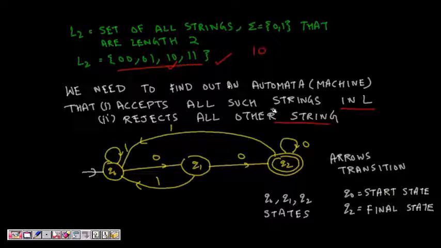For our language, all strings ending in 00 should be accepted and all other strings should be rejected. For example, 101 should be rejected, 11 should be rejected, 00 should be accepted, 1100 should be accepted, 1111 should be rejected.